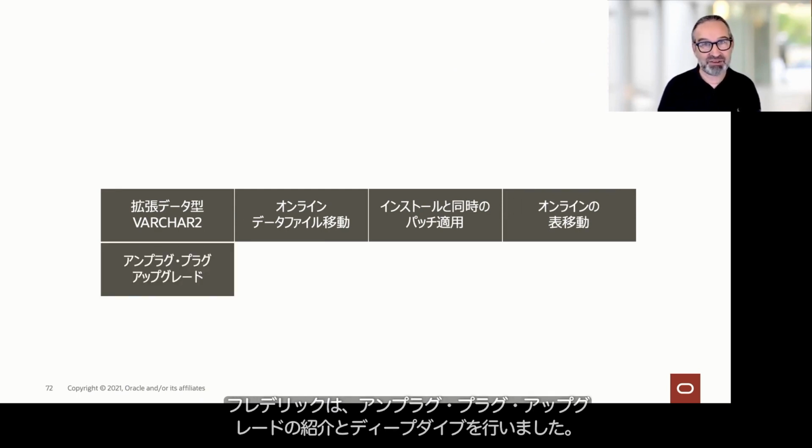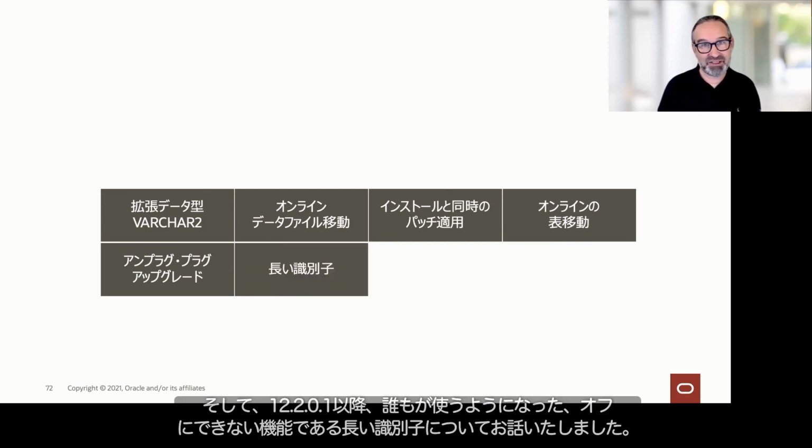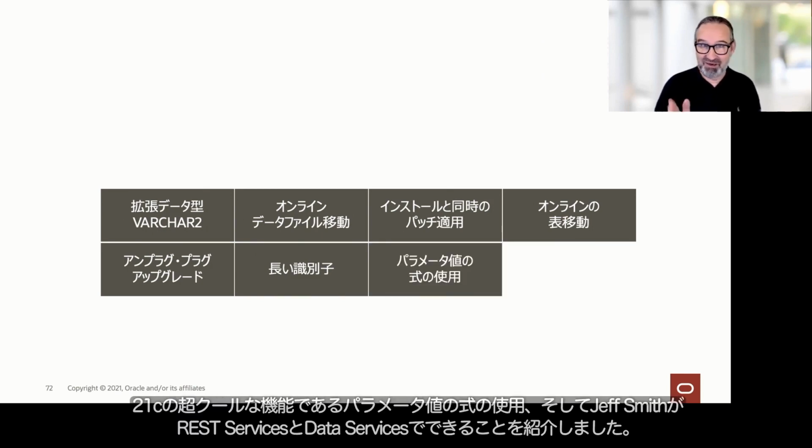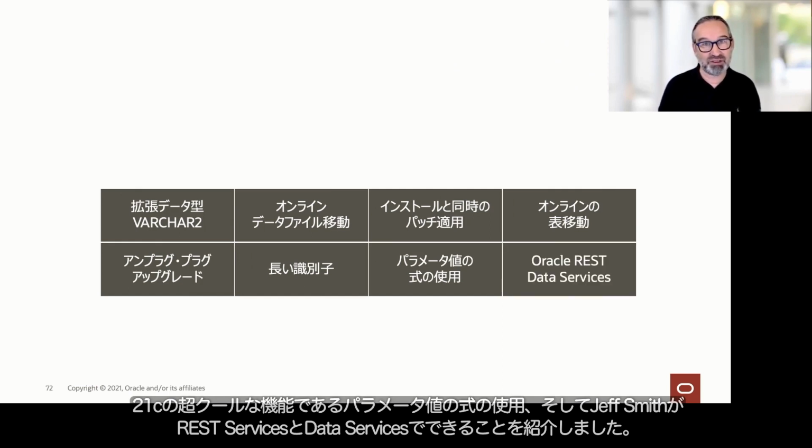Frederick gave you an introduction into Unplug Plug Upgrade and a deep dive. Then we spoke about long identifiers, a feature everybody will use since 12.2.0.1, which you can't turn off. Super cool 21c feature, expression-based parameters. And then Jeff Smith showed us what REST services, data services can do.